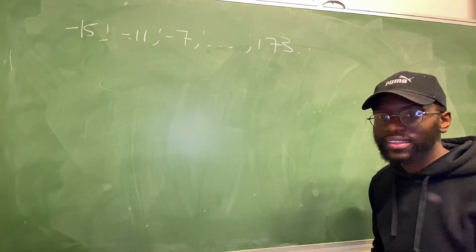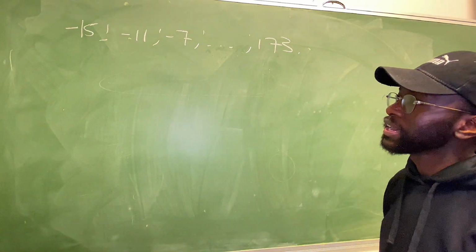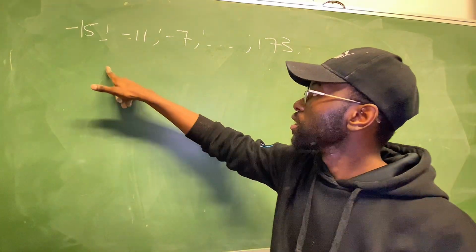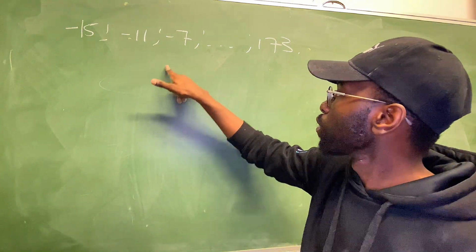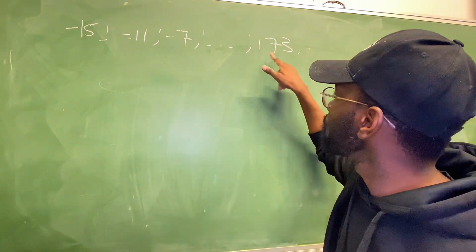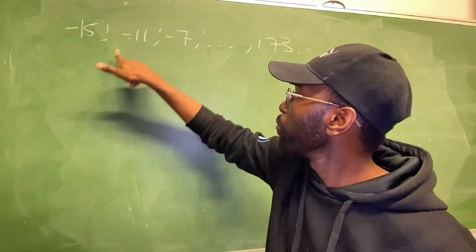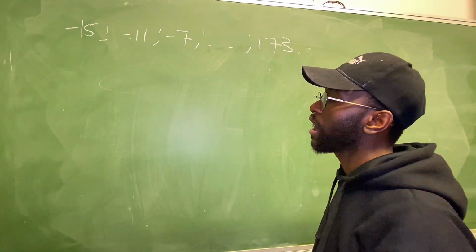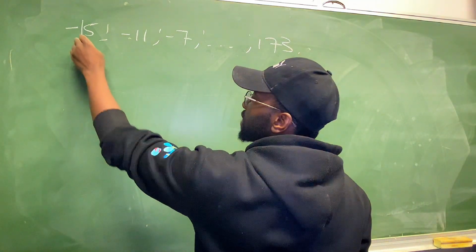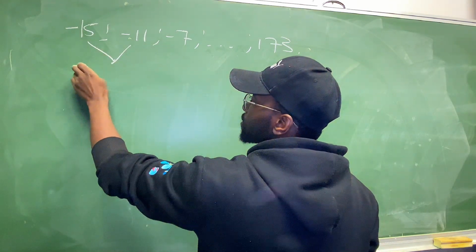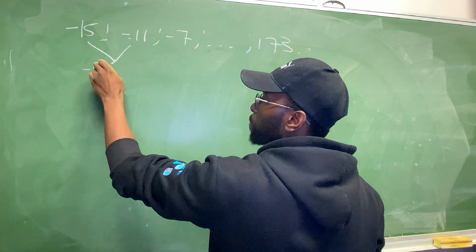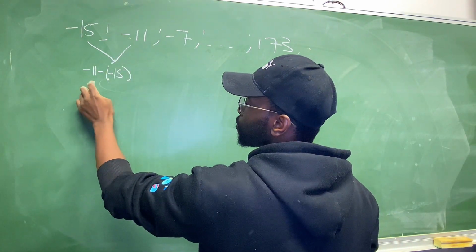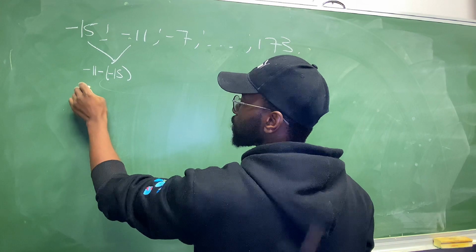Now, the first question they could ask is, is this an arithmetic sequence? Now, how do we find out that it is an arithmetic sequence? Remember that for an arithmetic sequence, the first difference will be common. It will be constant. So how do we prove that? We'll find that 11 minus negative 15 gives you, that is positive, so it will give you 4.